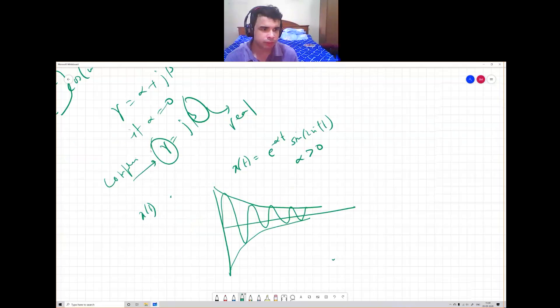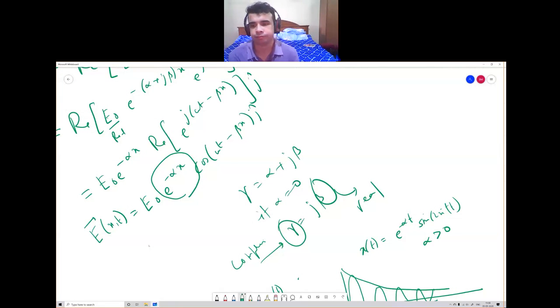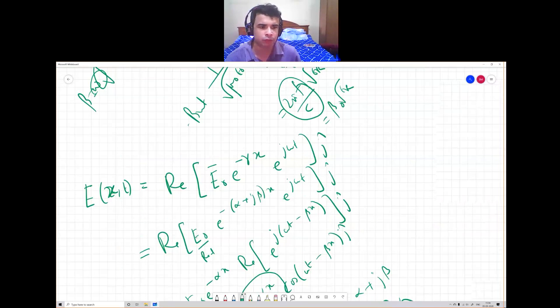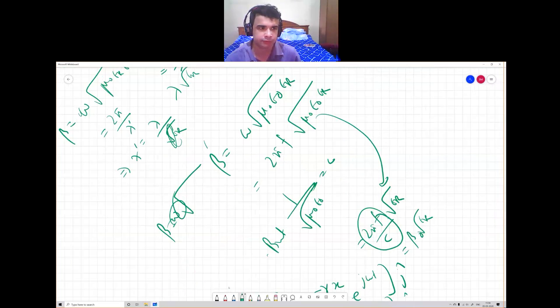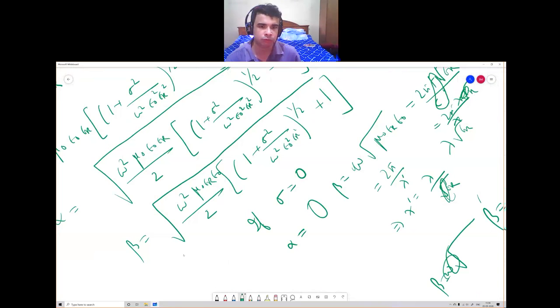Now tell me, how will this curve look like? And a request, please note down the values of alpha and beta in your copies, because we will be using them later in this class. So please note these values down, because we will be referring to them.